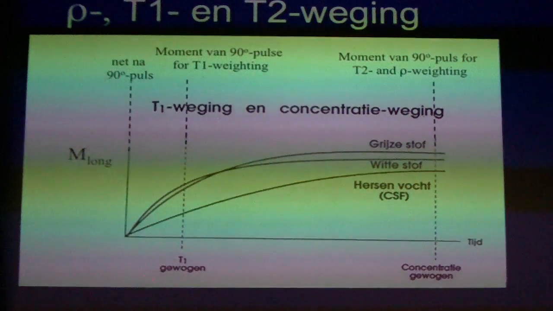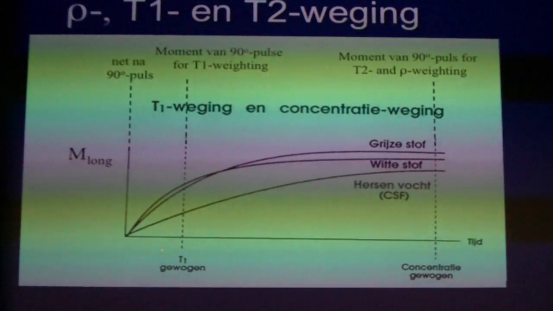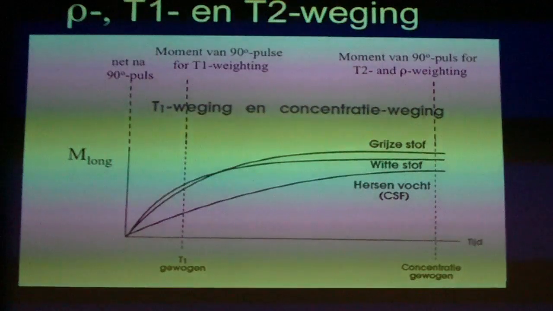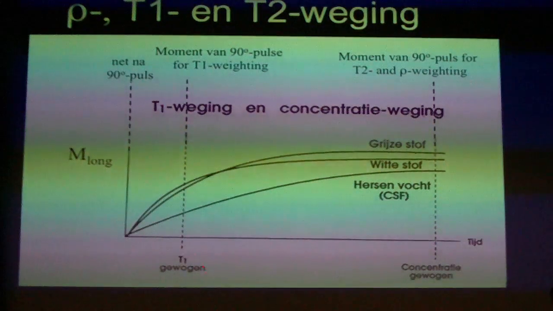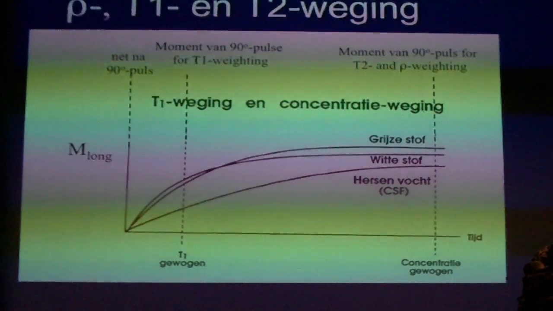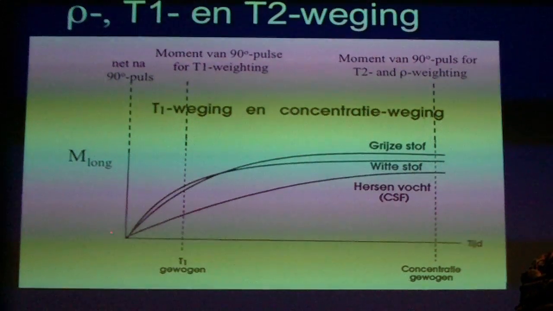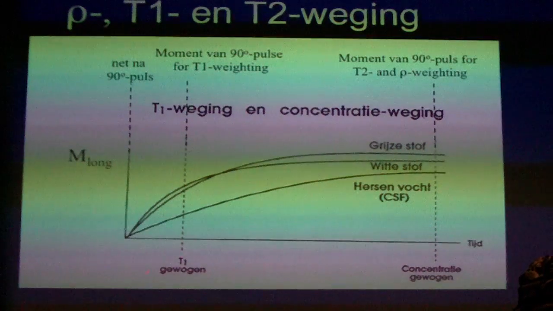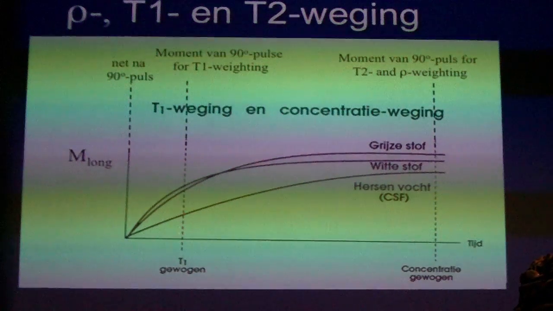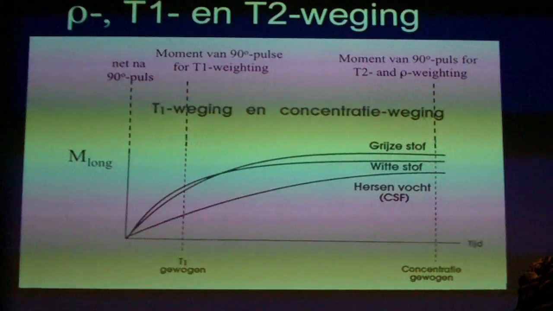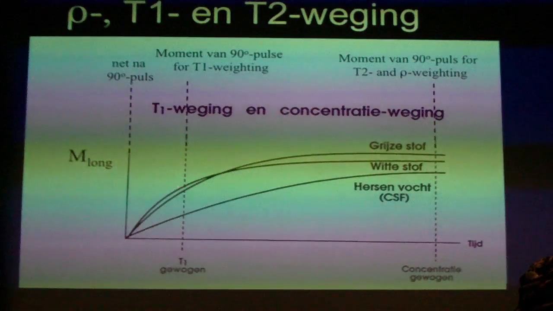Now if you want to have T1 weighting, or contrast based on this T1 relaxation mechanism, your repetition time should not be too long between the excitations. So you have an excitation here, and here you would already give the next excitation, because then for this metabolite you only have little magnetization to excite, and for the other ones you have a lot.